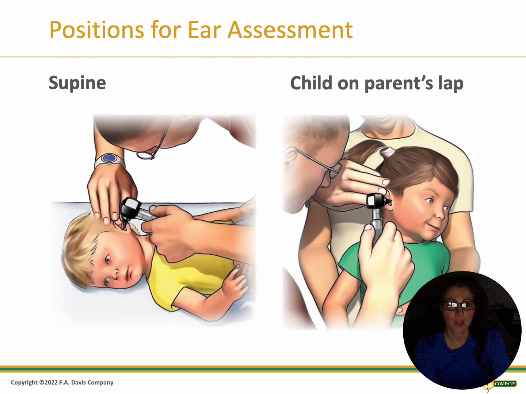Usually with the ear, you can do it in either the supine position or having the child on your lap, and you're just pulling back and up for children who are over the age of 3. If they're less than the age of 3, you're pulling back and down, and that will accommodate the change in eustachian tube.